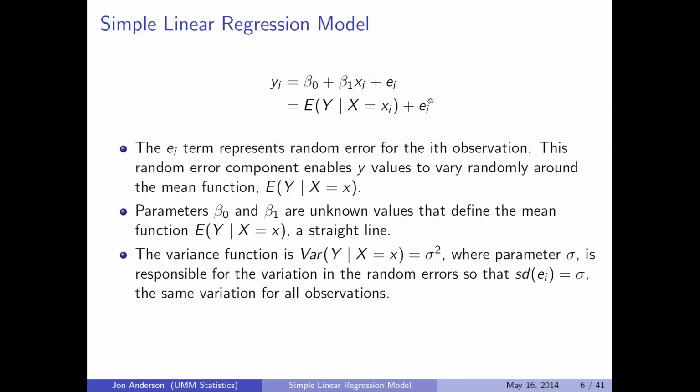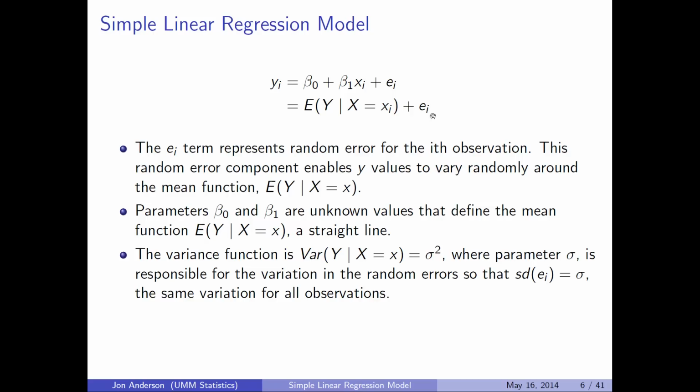The final part of this simple linear regression model concerns the random errors, the e sub i's. These operate according to a variance function that is a constant. No matter what the value of x is, the variation in y is a constant sigma squared.